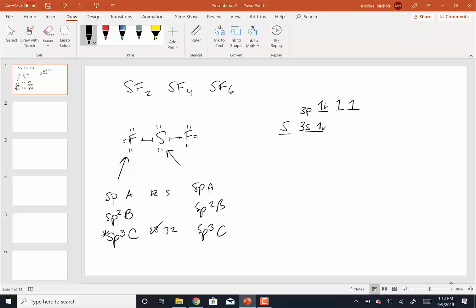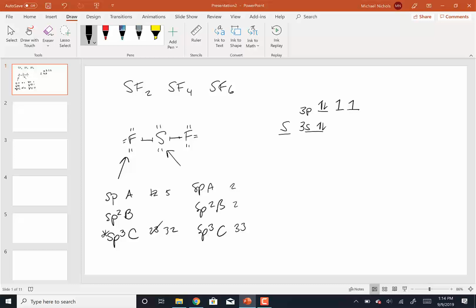All right, let's see what we have. Okay, we've got two sp's, two sp2's, and 33 sp3's. So this one is sp3, 2 lone pairs, 2 sigma bonds. It's also sp3 hybridized.